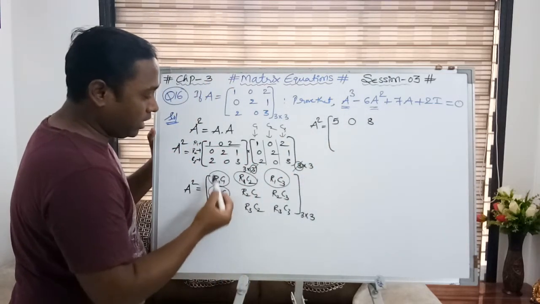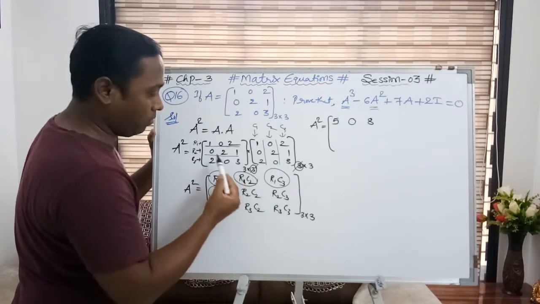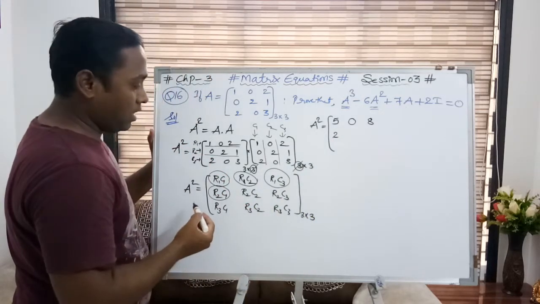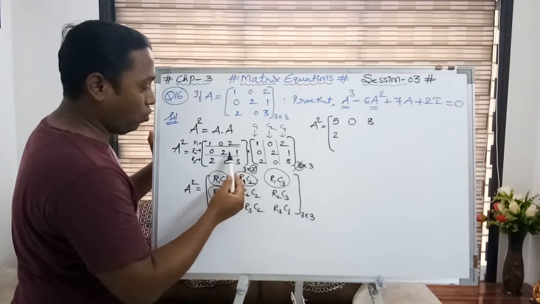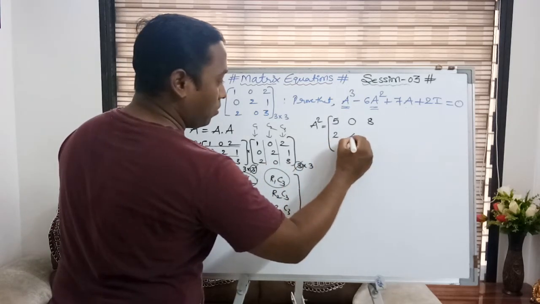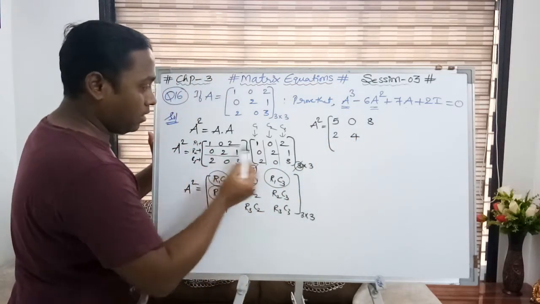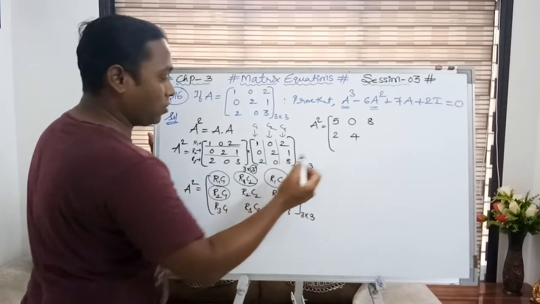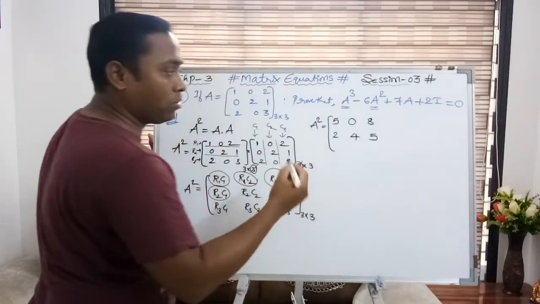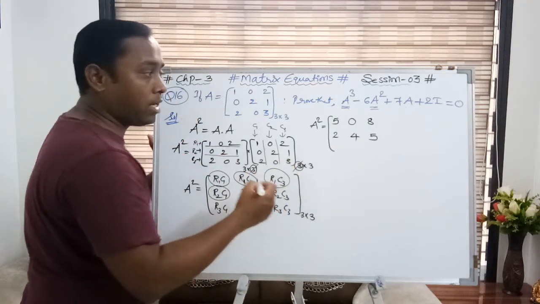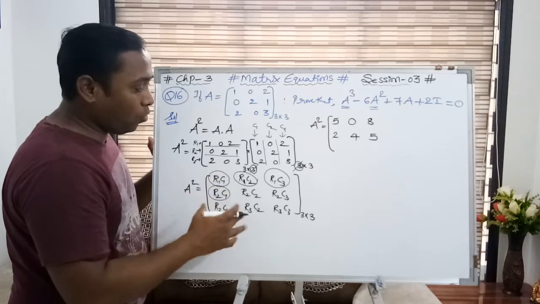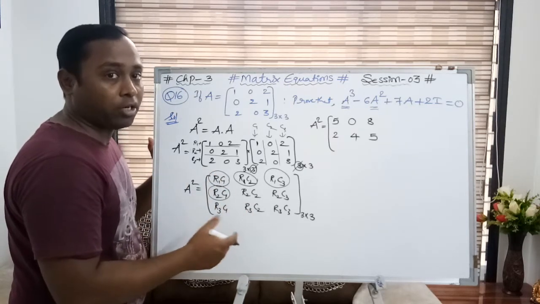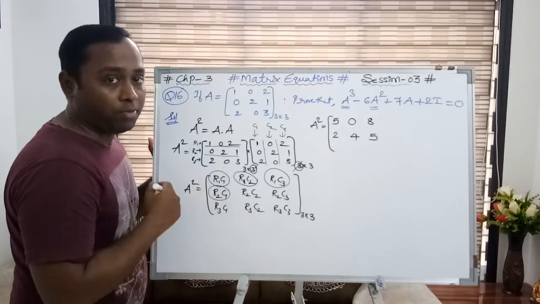Similarly, R2 into C1, now the second row into the first column: 0, 0, 2. So the total answer is 2. Similarly, 0, 4, 0. It's 4. Then 2, 0, 2 and 3. 3 plus 2, 5. I'm just doing this orally because I assumed that you have already seen the previous video where you understood the concept of multiplication and you have practiced some basic questions from the textbook.